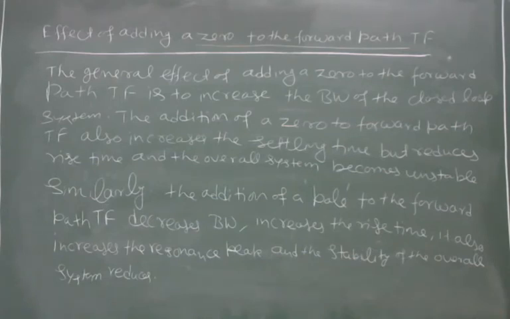If I add a 0, it reduces the rise time and increases the settling time. If I add a pole, it increases the rise time and reduces the settling time.